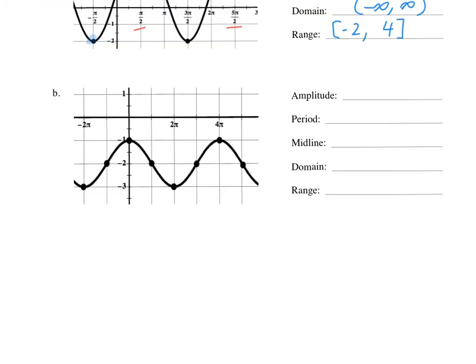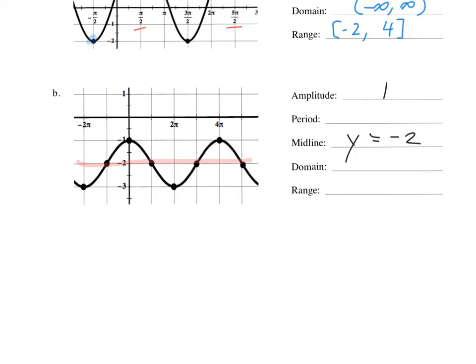Now that you tried this one on your own, let's check your answer. The midline is going to pass right through there, so that's y equals -2. The amplitude is one above and one below that.